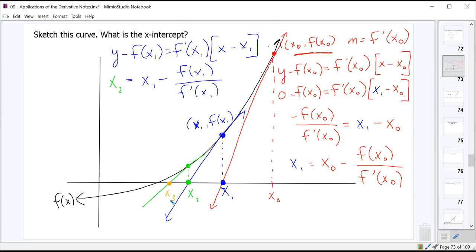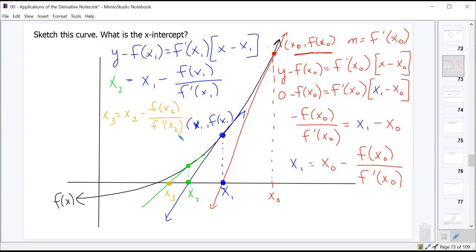And I think we could say the value of x3 definitely is equal to x2 minus f of x2 over f prime of x2, just using that same process that we have used over and over and over again. And x3 is a pretty good approximation.